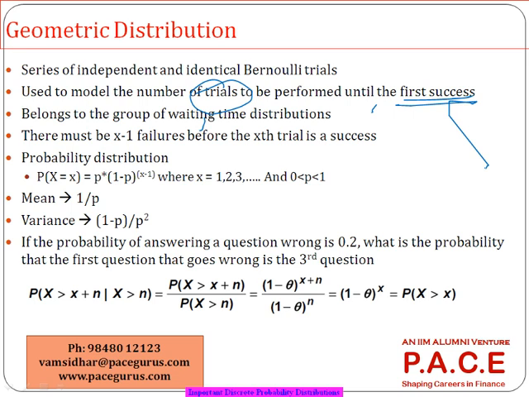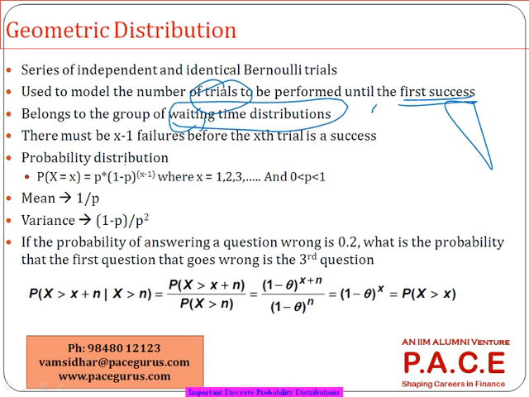So number of trials to be performed before you get the first success. Which means we are talking about a waiting time, right? So this is typically one category of distributions called the waiting time distributions. We'll see a lot of other distributions which will focus on the waiting time kind of an example.